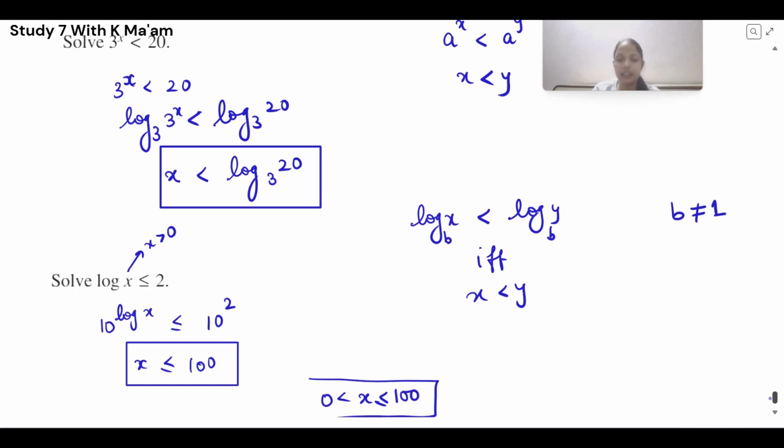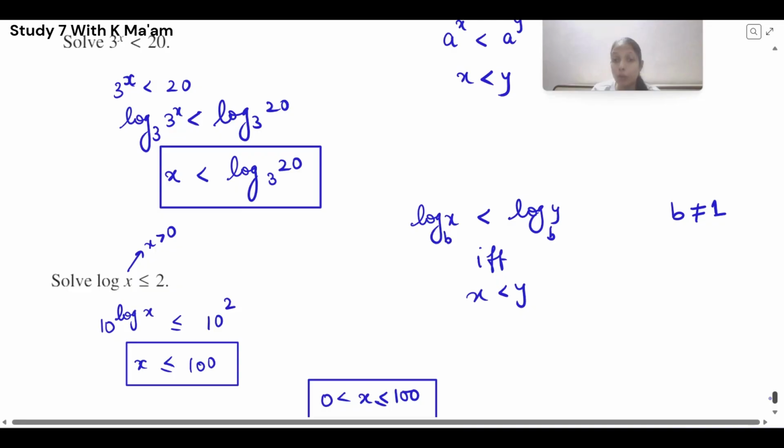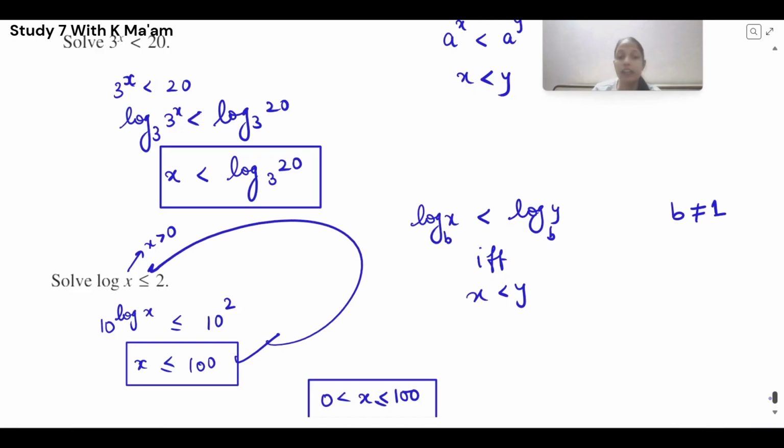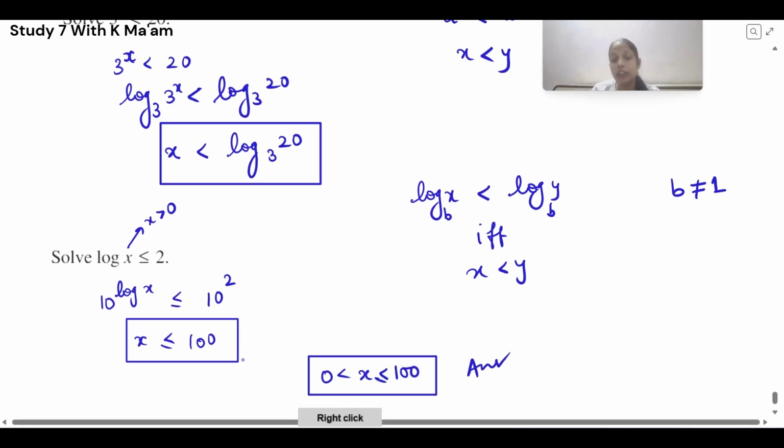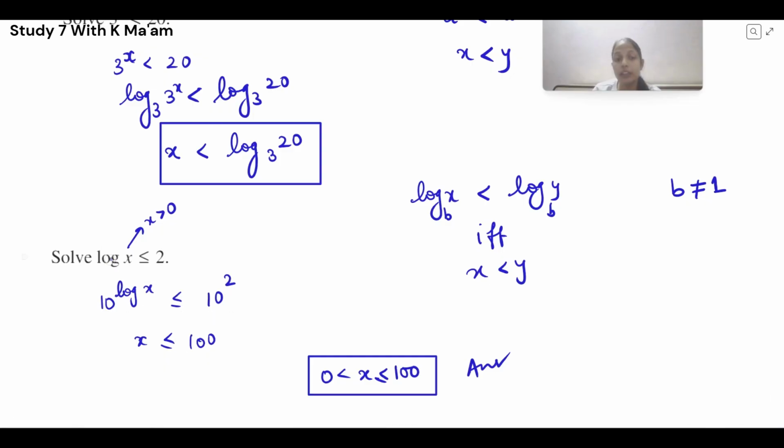This is the correct answer. If you only write x less than 100, the negative numbers are included in this and the function is not defined there. Log of negative terms is not defined. So this is the answer. This is just a condition, an upper bound for the given.